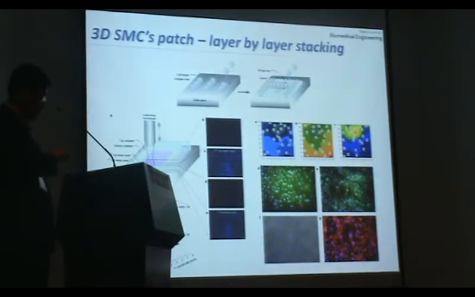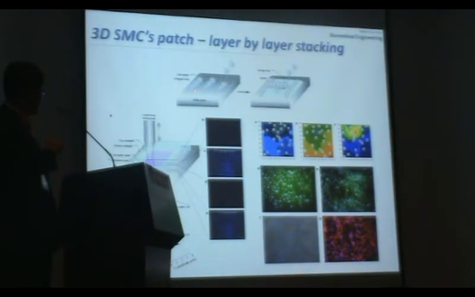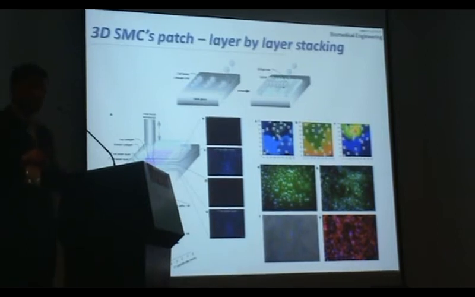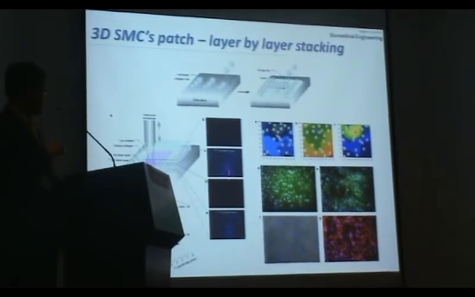Here we printed out the cell-encapsulated droplets this way, like we showed the bridge, layer by layer, 1, 2, 3, 4 layers, and it showed high viability with the layer structures, with the collagen matrices. This method can be used to generate bladder tissues.